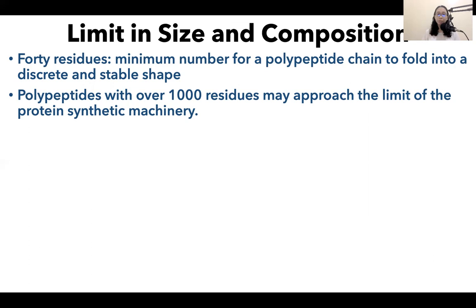This means that if the cell tries to produce a lot of proteins with more than 1,000 amino acid residues, it might break down, so to speak. So it doesn't only pose a limit on the synthetic machinery, but it can also be energy demanding.